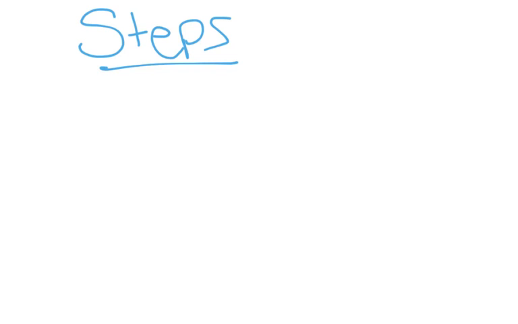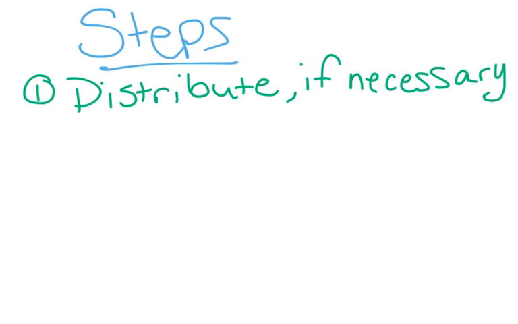So when we're looking at our steps, our step 1 is to distribute if necessary. Now, the reason it says if necessary is because this step is not always going to be needed. If you do not have a set of parentheses anywhere in the actual equation, then you're going to skip step 1 and it's not going to be necessary, okay?